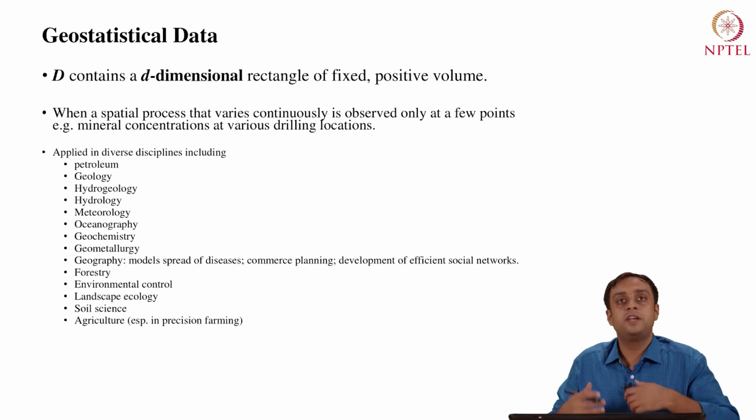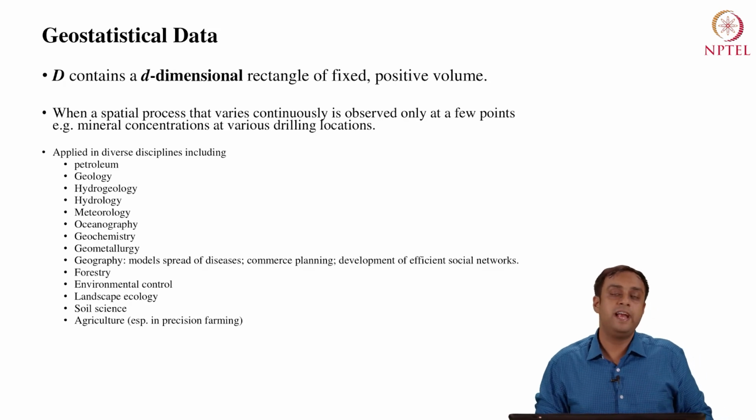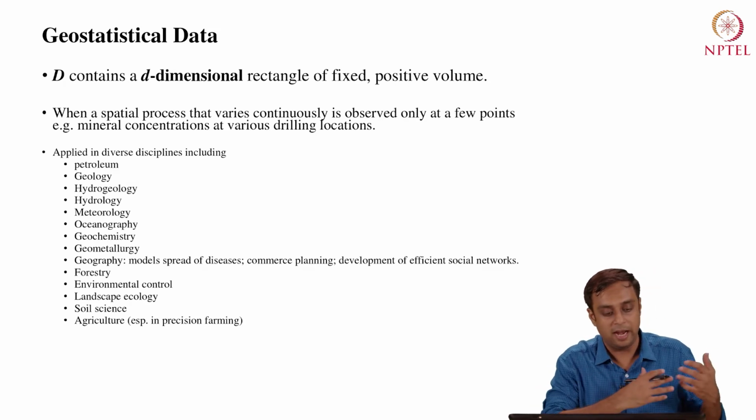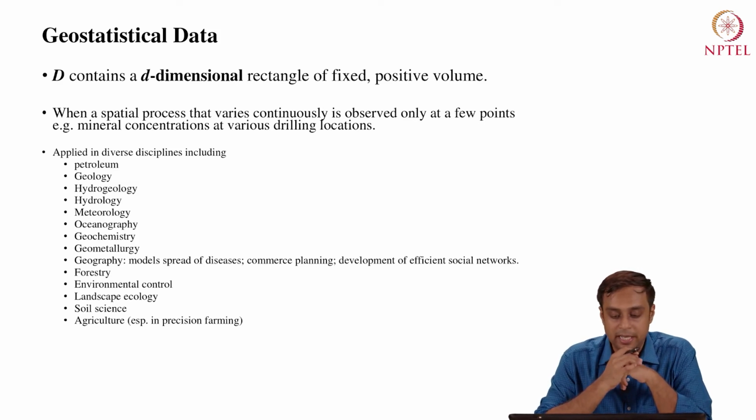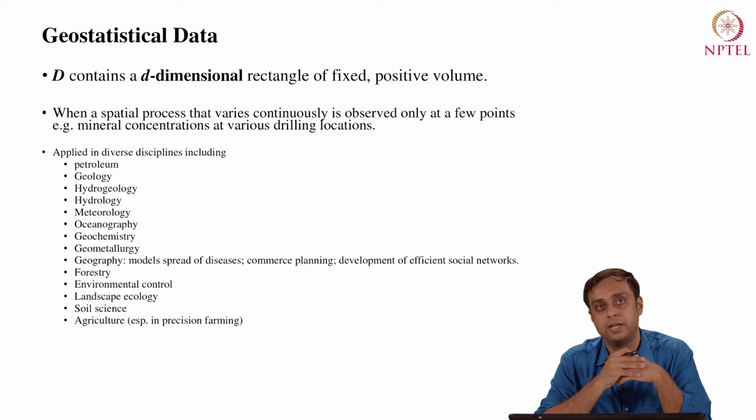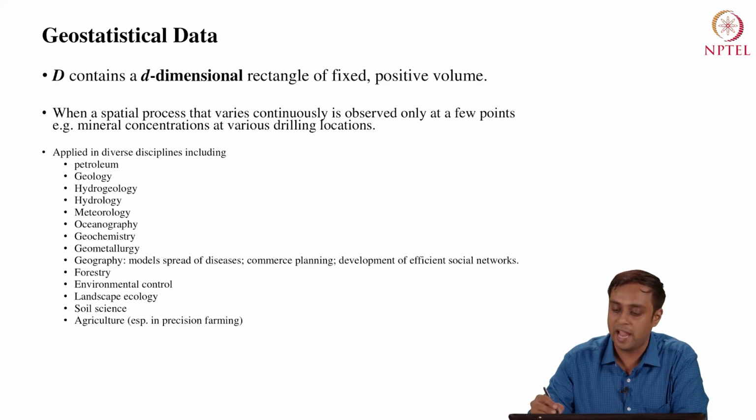Okay, so what are the different types of data that would follow that given model? The most popular kind is called geostatistical data. Here, D contains a D-dimensional rectangle of fixed positive volume. So what we are looking at is a rectangle.